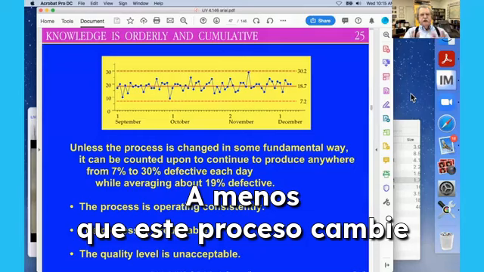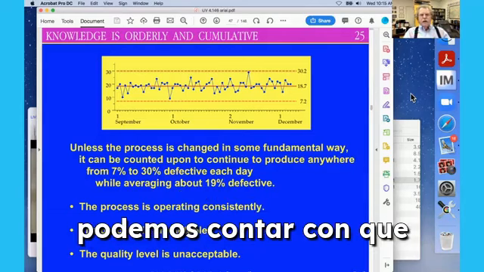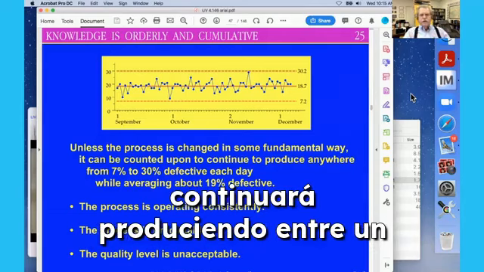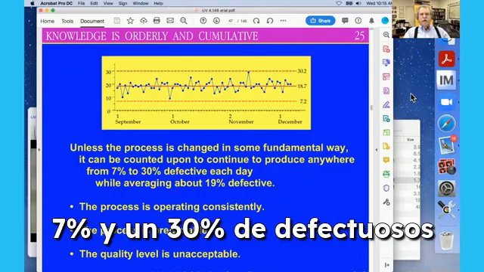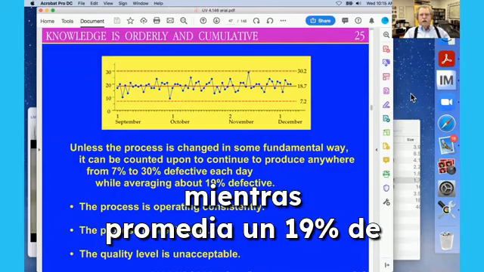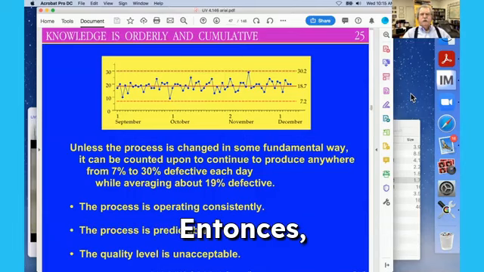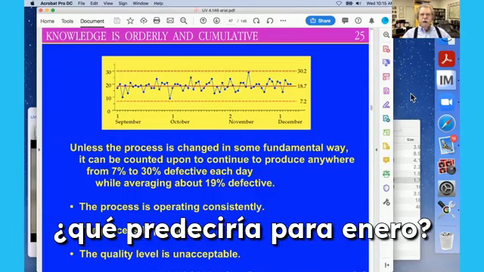Unless this process is changed in some fundamental way, we can count on it to continue to produce anywhere from 7% to 30% defective each day, while averaging 19% defective month in and month out. So what would I predict for January?